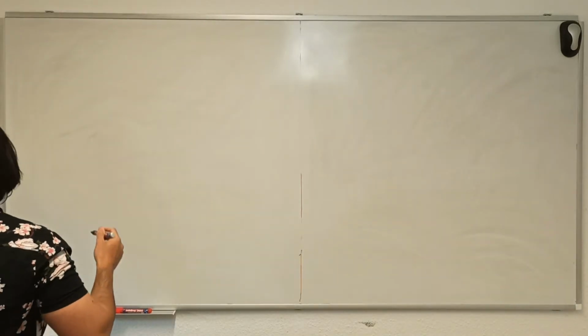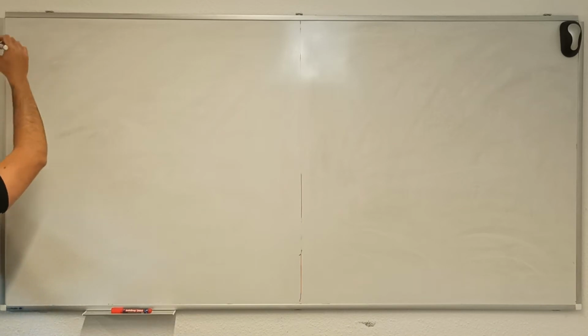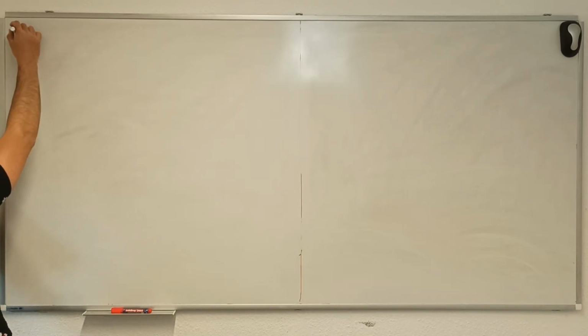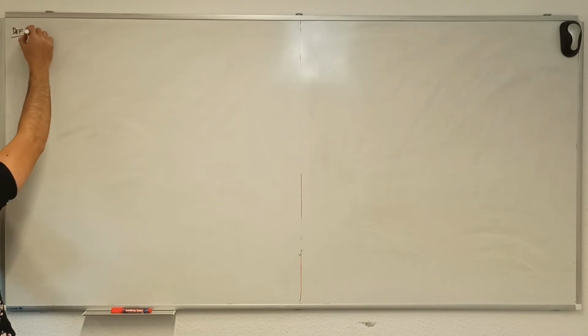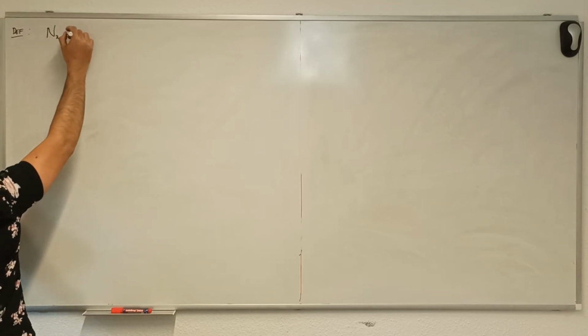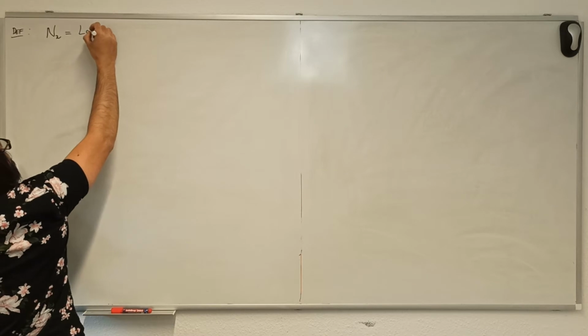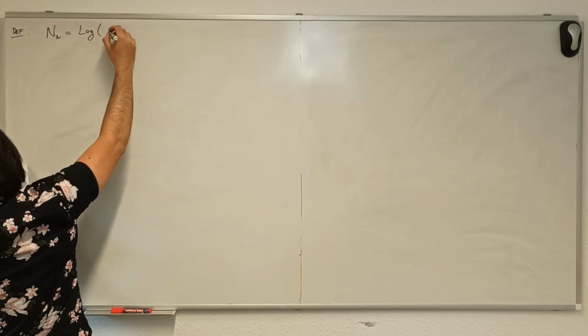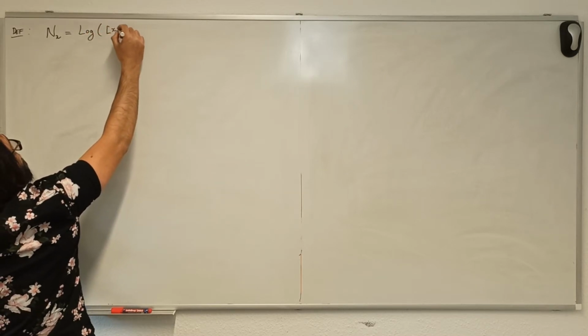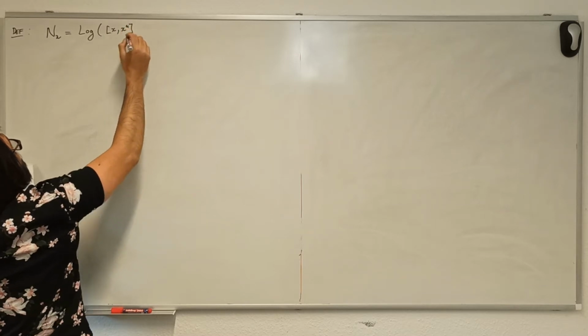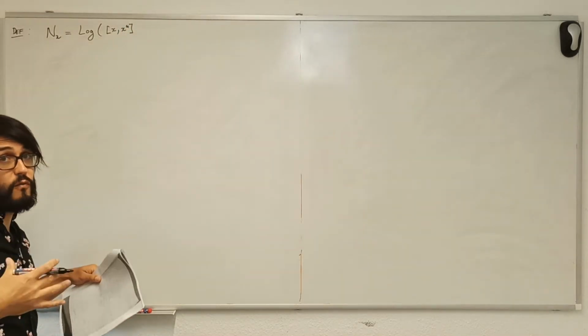Yeah, so before I prove a proposition, let me define the following. N_x will be a random variable, which will always be log of the set x to the alpha. So there is an implicit alpha here.